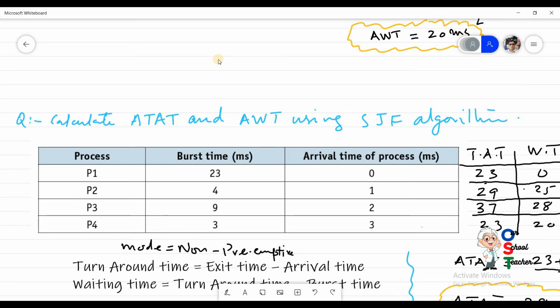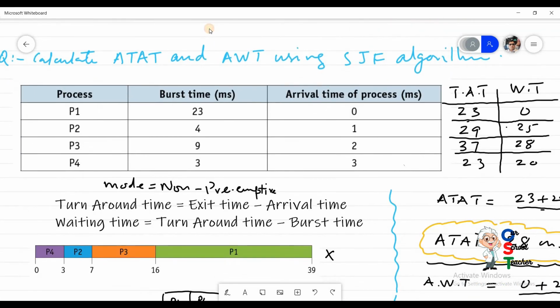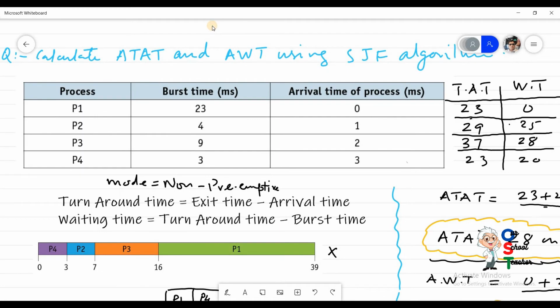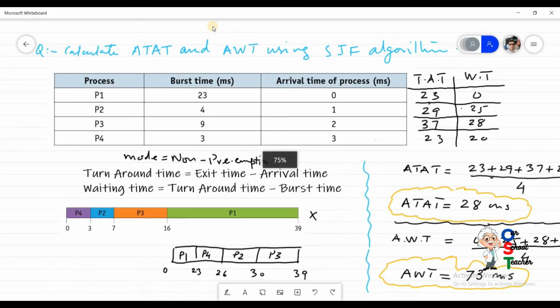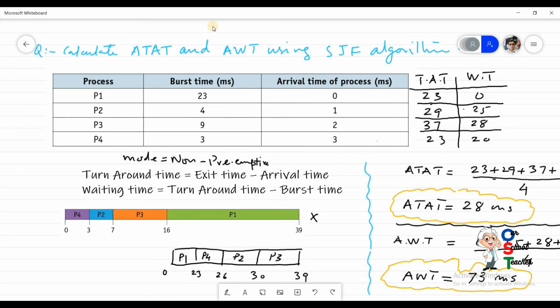queue. But in your book, the solution which has been given doesn't seem logical. What they are saying, you can see in the Gantt chart.